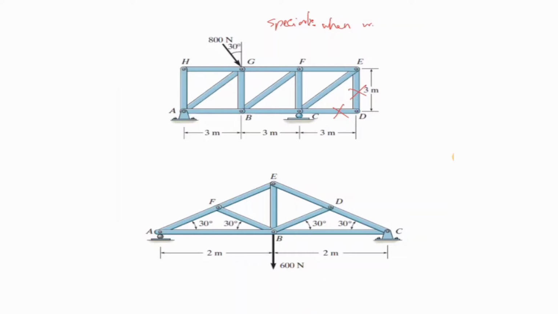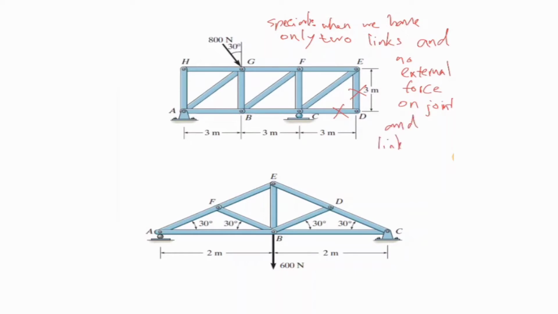when we have only two links and no external force on the joint, and those links are perpendicular to each other.